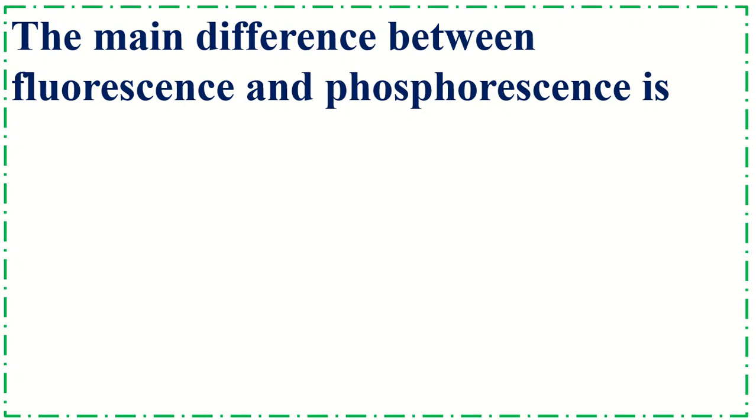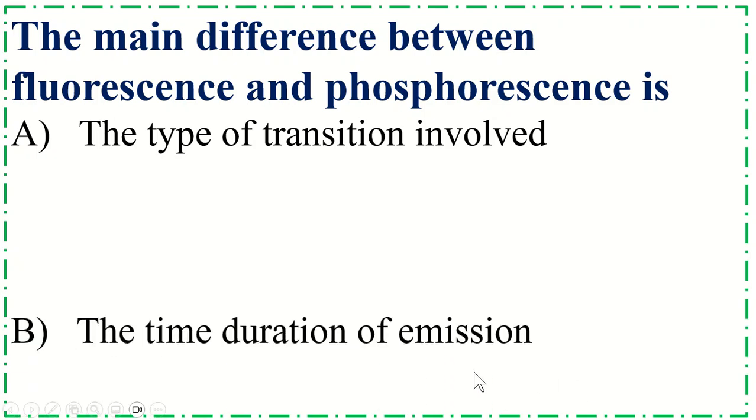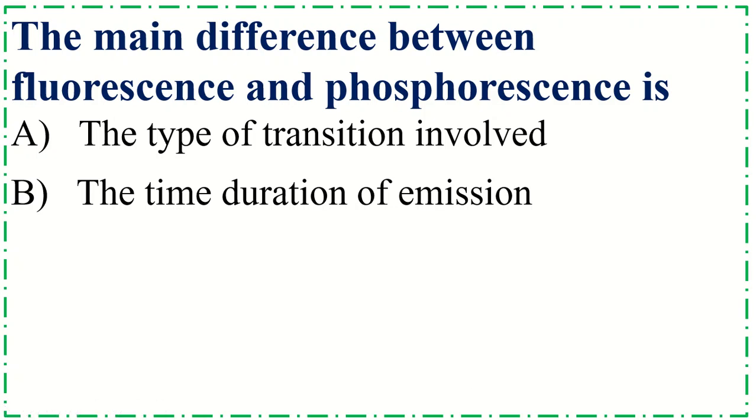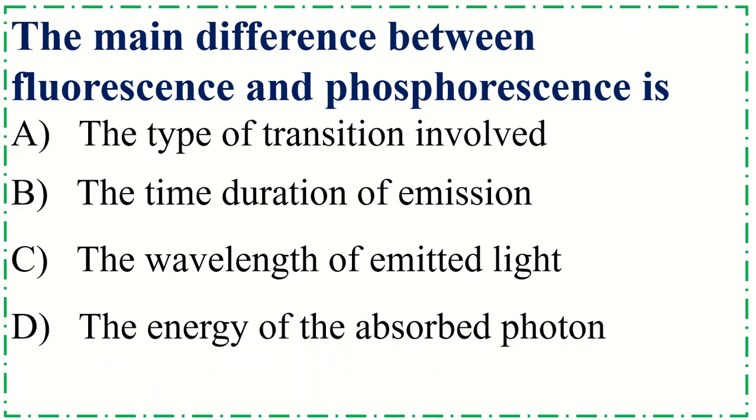The main difference between fluorescence and phosphorescence is: option A, the type of transition involved; option B, the time duration of emission; C, the wavelength of emitted light; D, the energy of the absorbed photon.